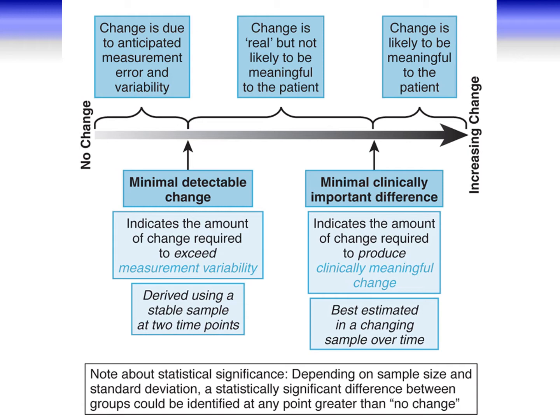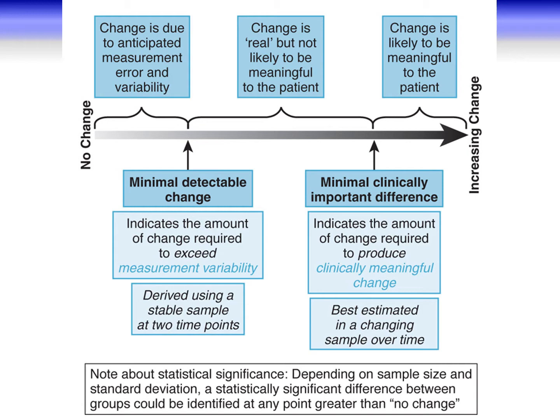And so when we understand that a clinical change is occurring in a particular measure, we know that we've exceeded the minimal clinically important difference, because now the patient tells us that this change is meaningful to them. And that minimal clinically important difference really indicates the amount of change required to produce clinically meaningful change.